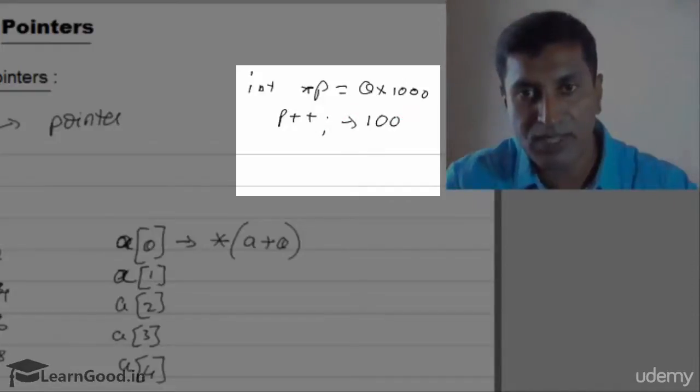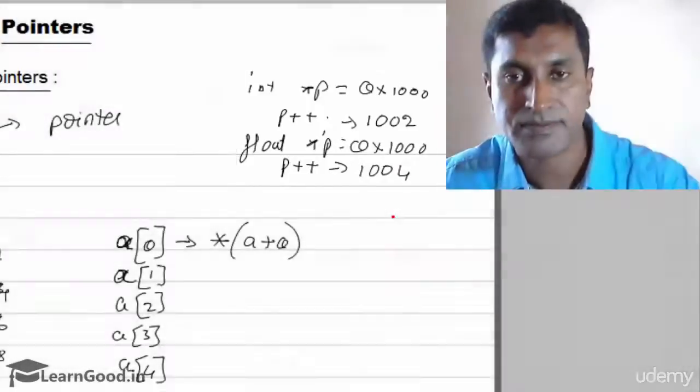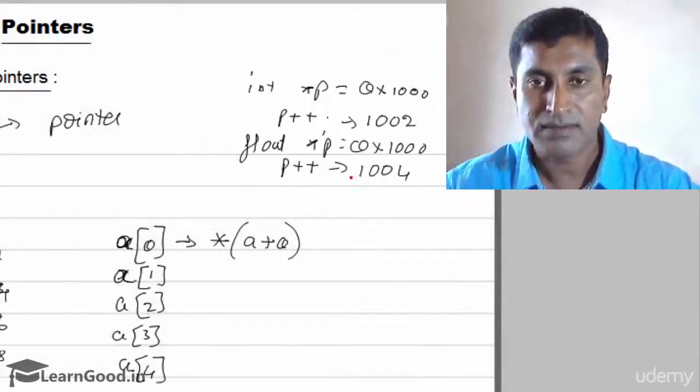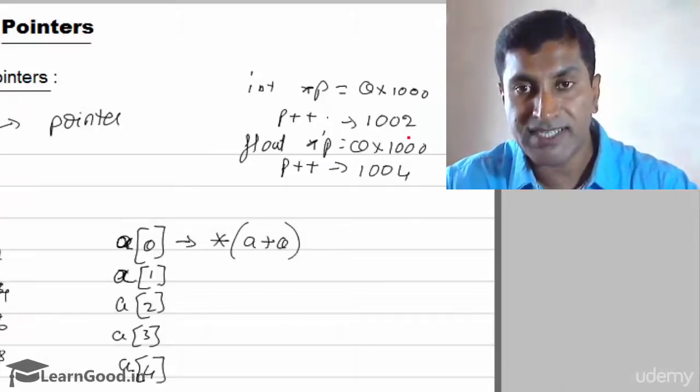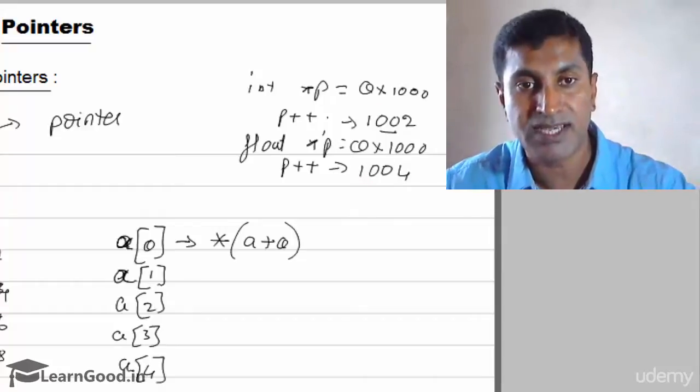That means it's going to be 1002. In the same way, if you take a float pointer with the value 1000 and give p plus plus, p is going to be 1004. So an integer pointer gets incremented by 2, a float pointer by 4, and a character pointer by 1. This concept is used in arrays.